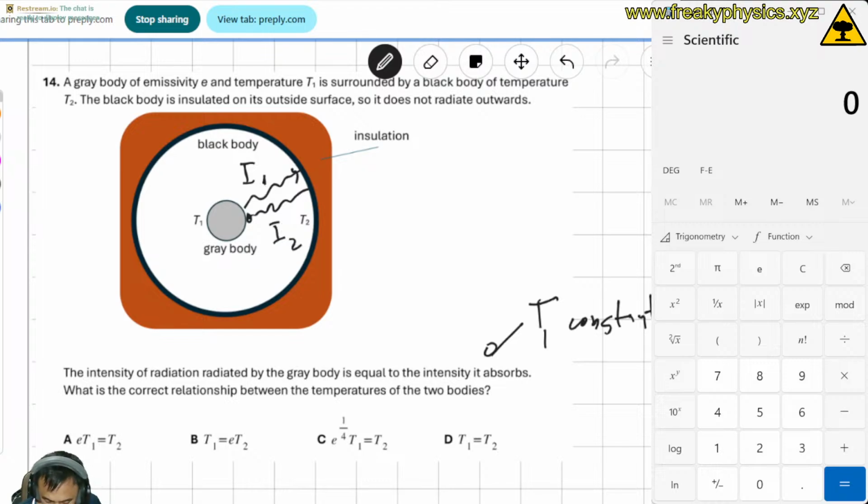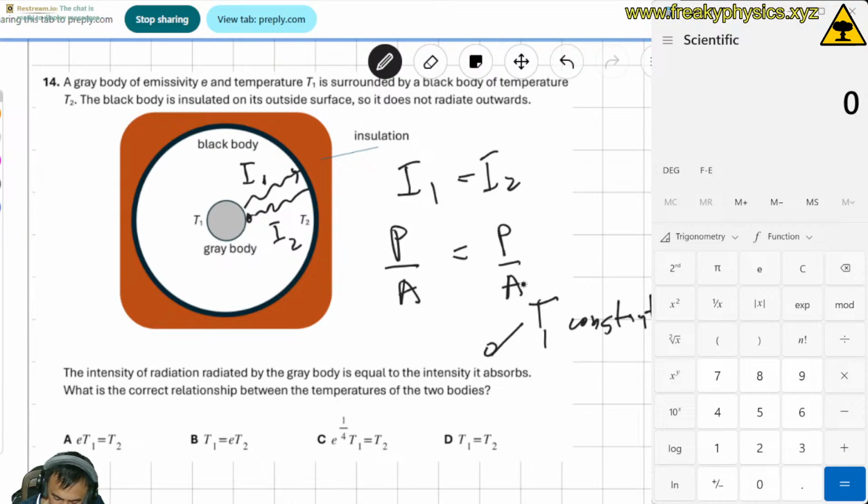In this case, I1 equals I2. Now, what's the formula for intensity? We don't really have an exact formula, we have a proportionality. But since we're doing intensities here, we can just say that power over area should be equal to power over area. But we have to account for the fact that the middle one is a gray body, so we have to put the emissivity here.